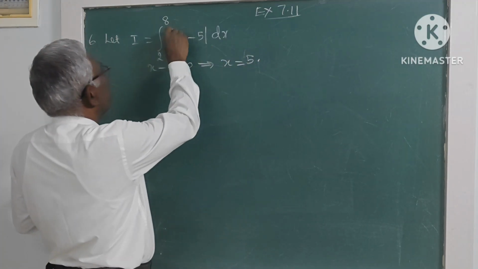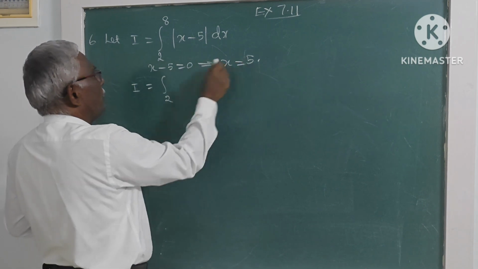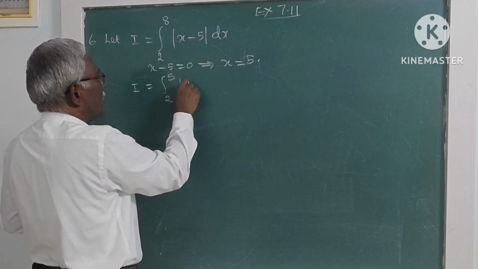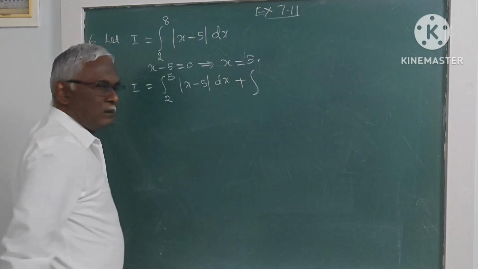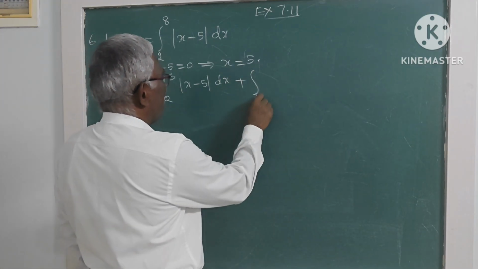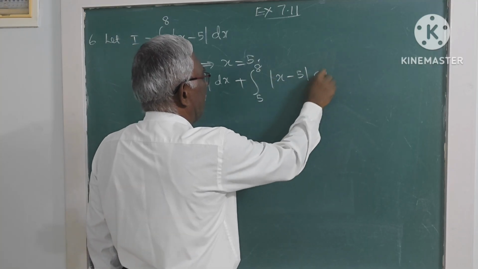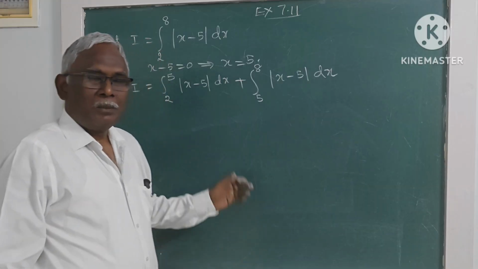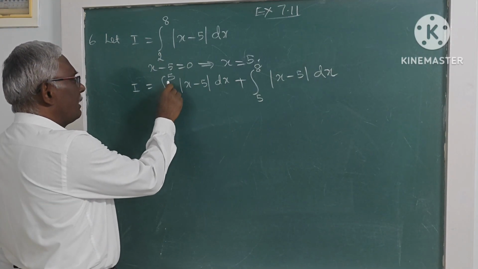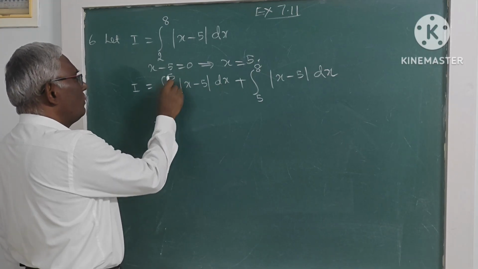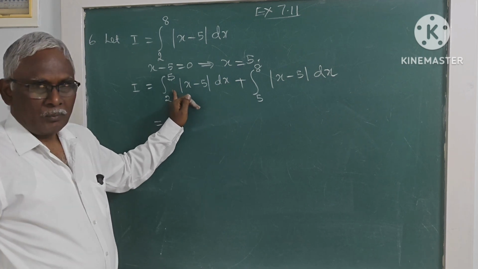Now we can write the integral as the sum of two integrals, 2 to 5 of modulus of x minus 5 dx, plus 5 to 8 of modulus of x minus 5 dx. First step we can write like this. Now x varies from 2 to 5. You take any value between 2 and 5, you will take 4.